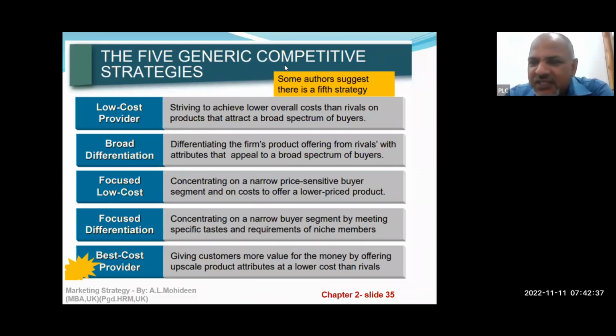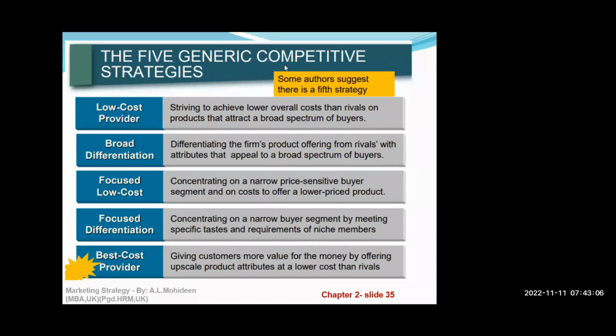That is unique. Then only you can be different compared with the competitors. You should have unique resources, even human resource, material resource, information resource, and technological resource, whatever it is. Compared with the competitors, you should be different. This is important, right?